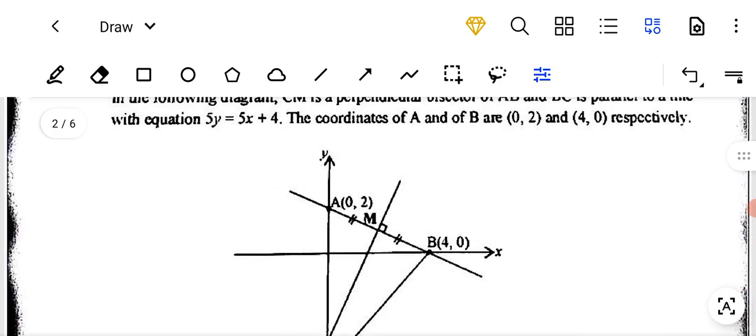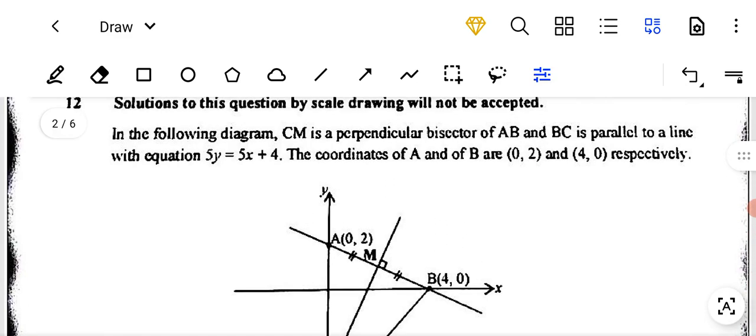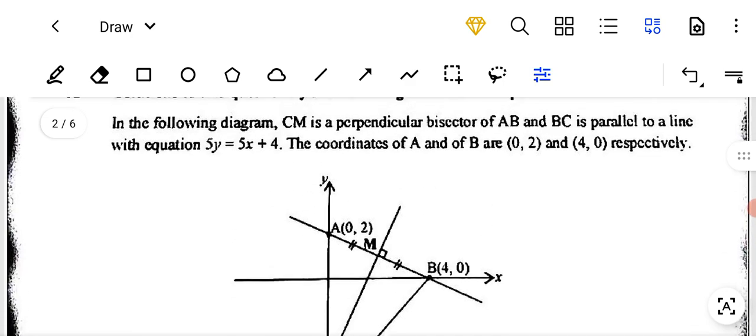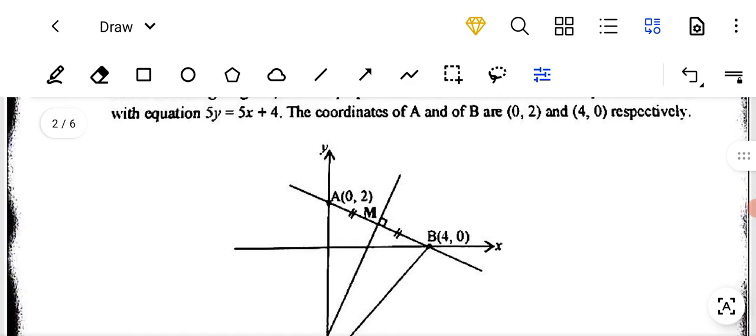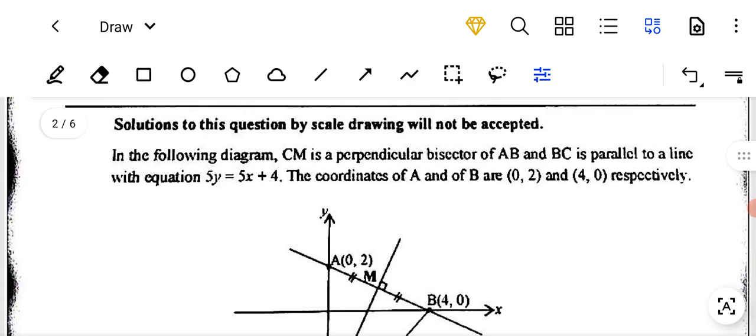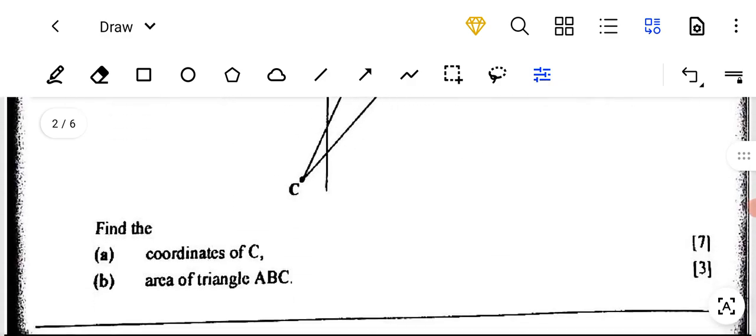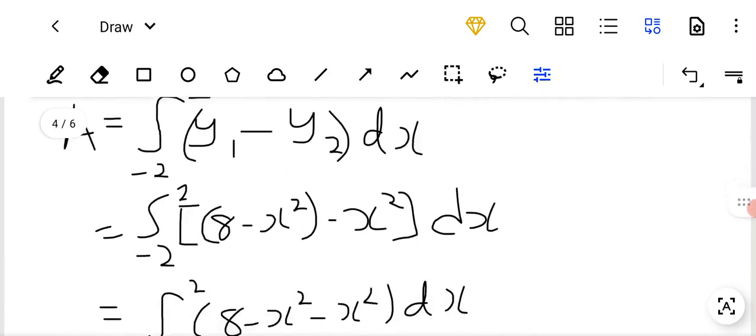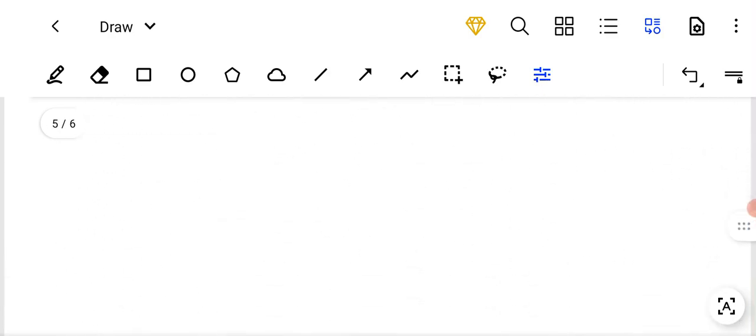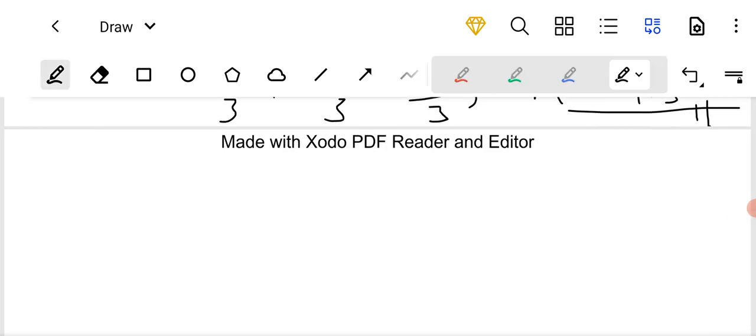So they say that BC, okay, B to C is parallel to the line with that particular equation. So we would start from there. So this is question 12A. Then you have 5y is equal to 5x plus 4.